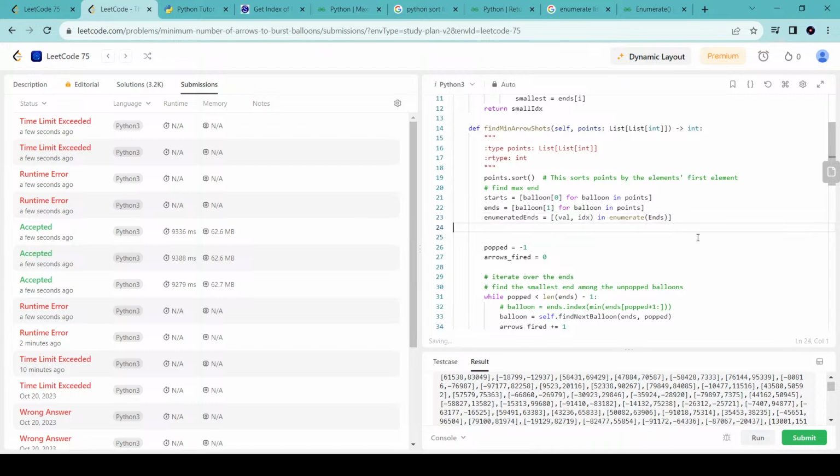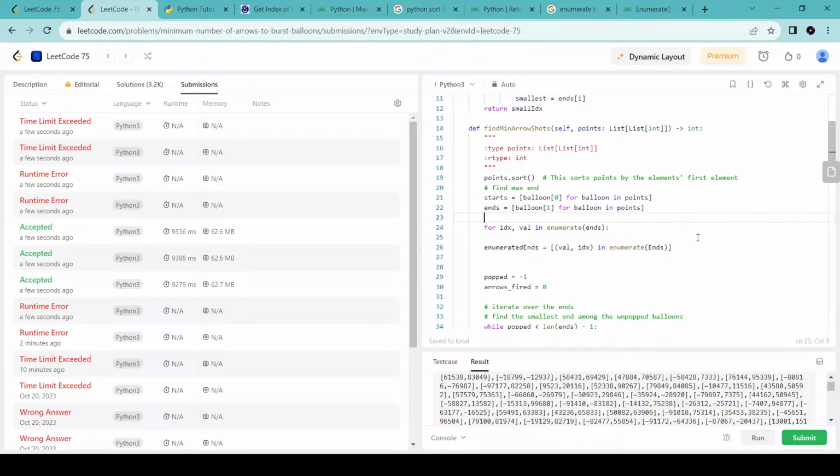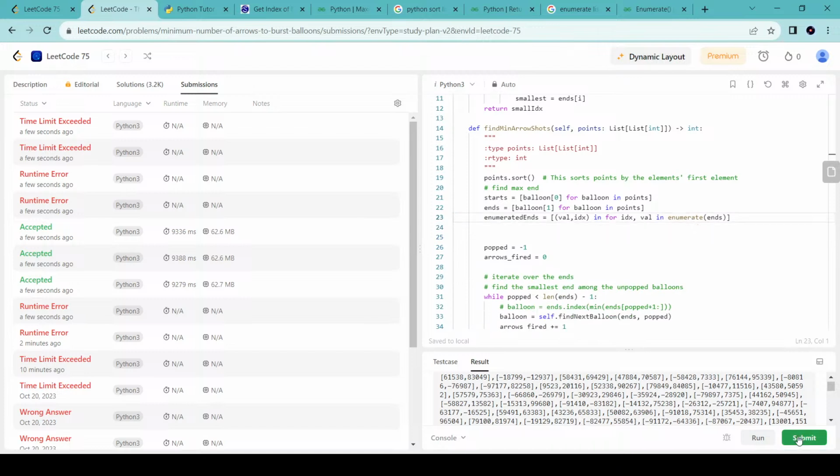Okay, so this is what's happening. I don't know whether this works. Just run it and see what it does.